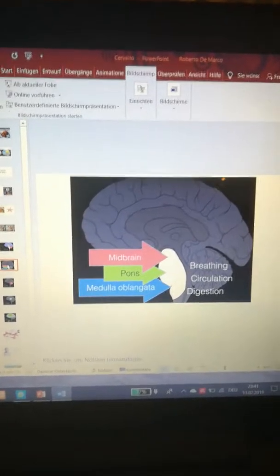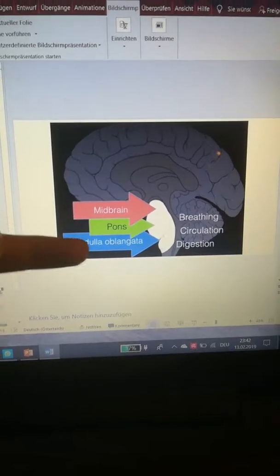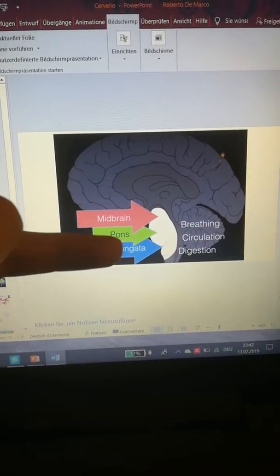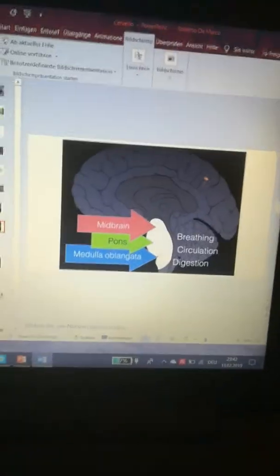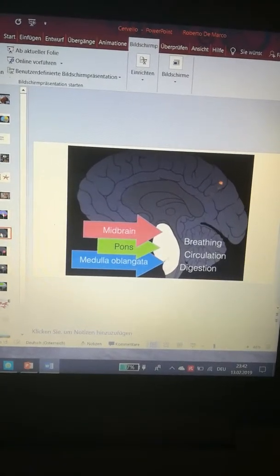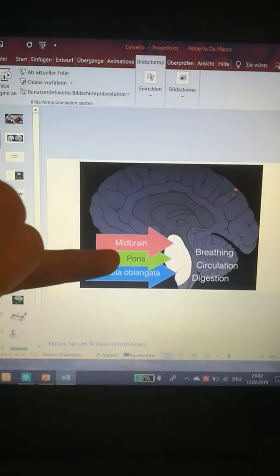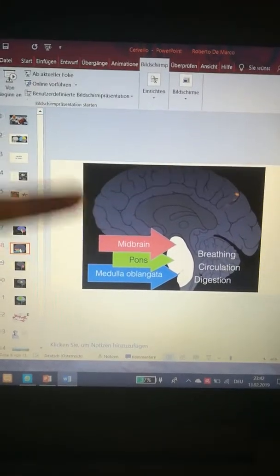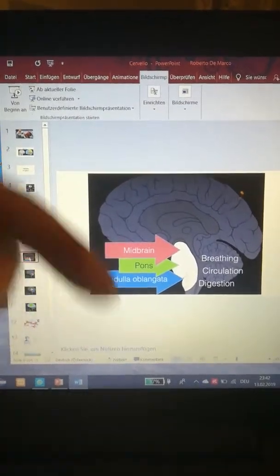Brainstem is divided, as you can see, in three parts: midbrain, pons, and medulla oblongata. And the brainstem is responsible for breathing, circulation, and digestion.